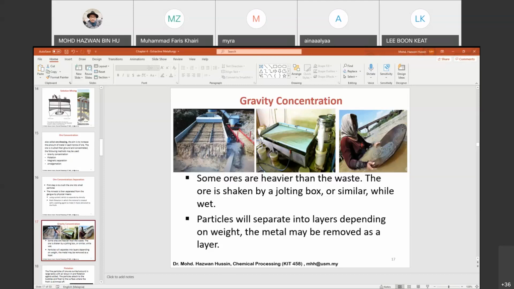The particles will separate into layers depending on the weight. The metal may be removed as a layer.